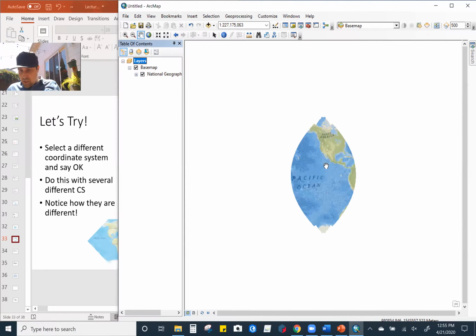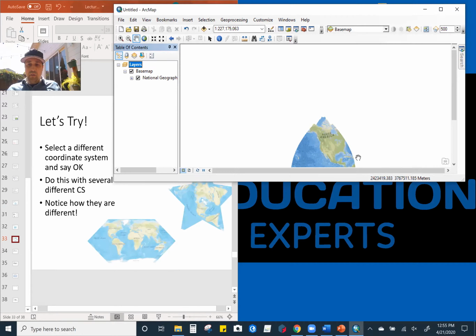There we go. Now notice it's not really showing up well here on the screen. Let me show you there. You may not have noticed this before, but in ArcMap, down at the very bottom right of the screen, you have coordinate values. Okay, so anywhere that you move your mouse in the software, it's going to show you the coordinate of that particular location where your mouse is. So right now, like I was saying, UTM is in meters.